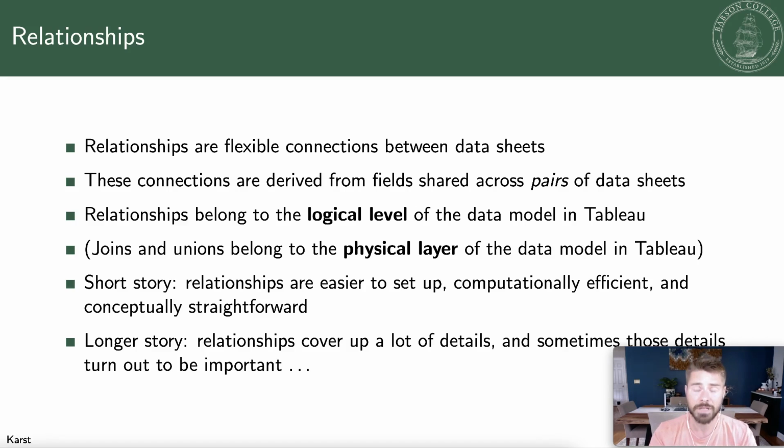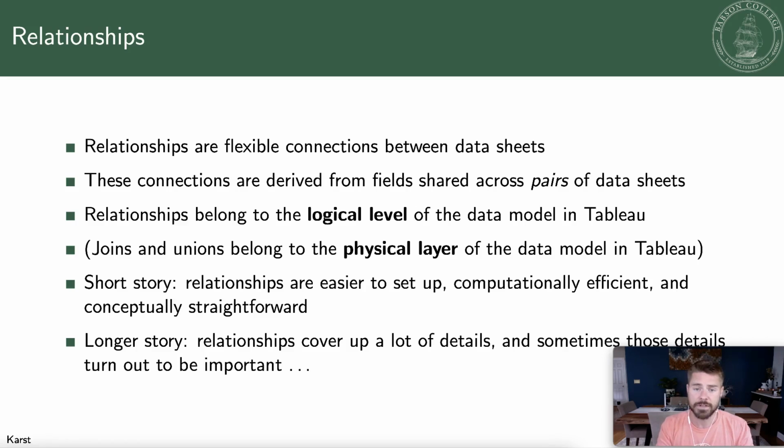By physical here, I mean there is actually an object in memory that is the full joined or unioned data set. Whereas in the relationship framework, the pieces of the data frame remain separate in memory, and they're only connected logically by links. Tableau then intelligently connects the data in memory as it needs to in order to make the visualizations you ask for.